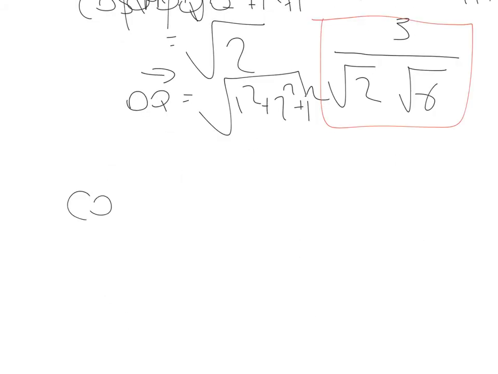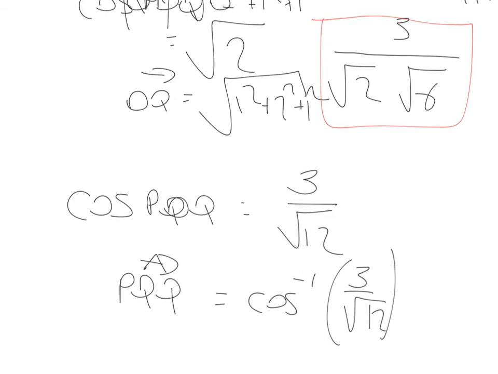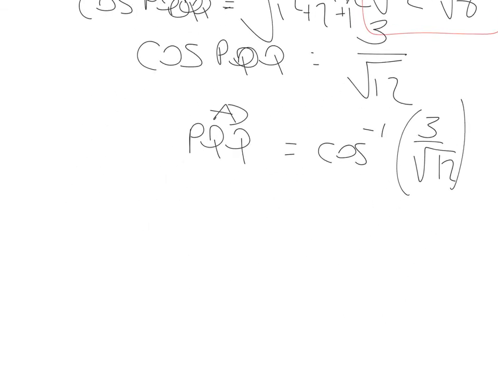So I've now got cos POQ is equal to 3 over root 12. So the angle POQ is going to be equal to cos inverse 3 over root 12, and that will give me 30 degrees. That's the final answer.